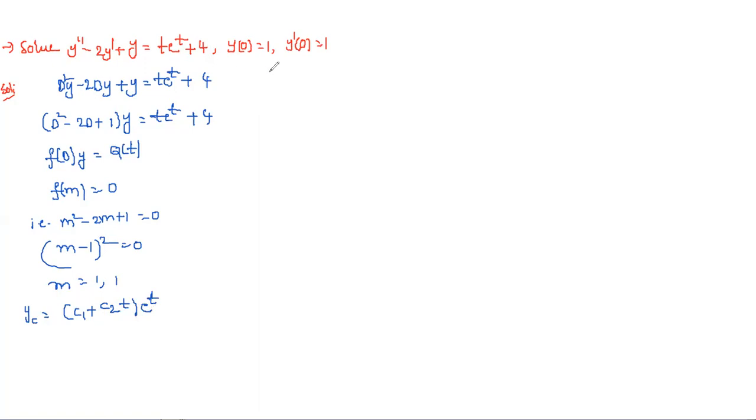This is the complementary function. Now coming to the particular integral, yp is equal to 1 by f of D, (t e power t plus 4), that is 1 by (D square minus 2D plus 1) of (t e power t plus 4).